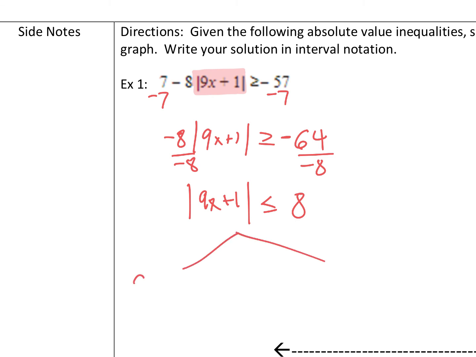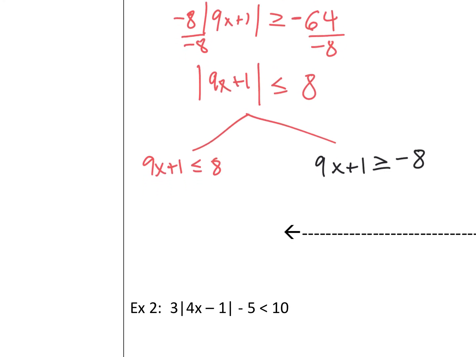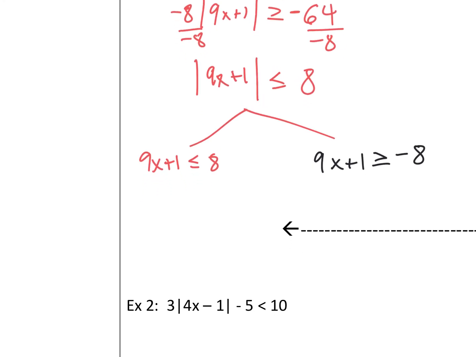So the first problem, drop the bars and keep everything the same. Second problem, we drop the bars. We do what to the sign? Flip it and then make the right side negative. And then we just solve them and we graph them. When we isolated this absolute value, though, what sign is this right here?